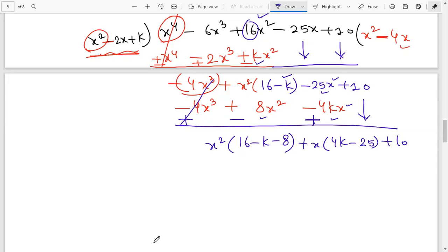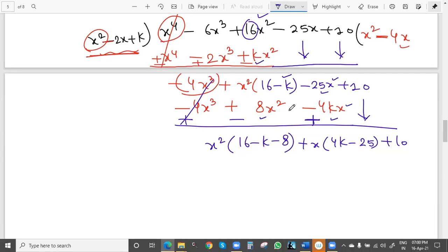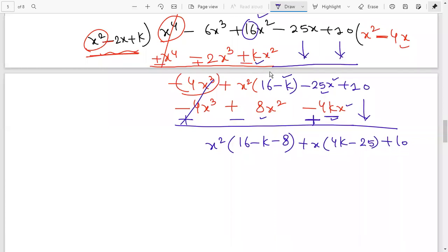Understood, everyone? This step is very, very crucial to get the value of k. Any doubt? You have to take common and then write the values carefully. So x square common here, 16 minus k minus 8, x common here, 4k minus 25, and 10 as it is.